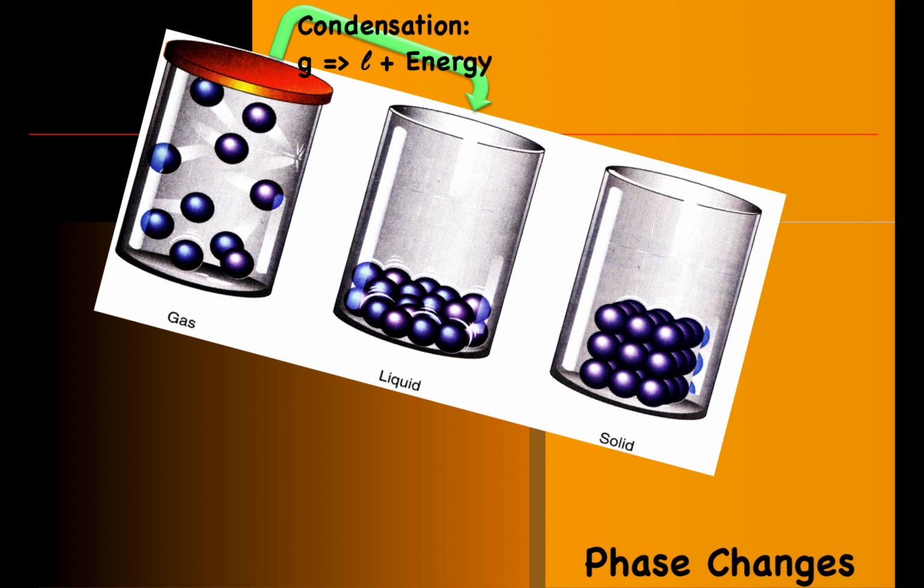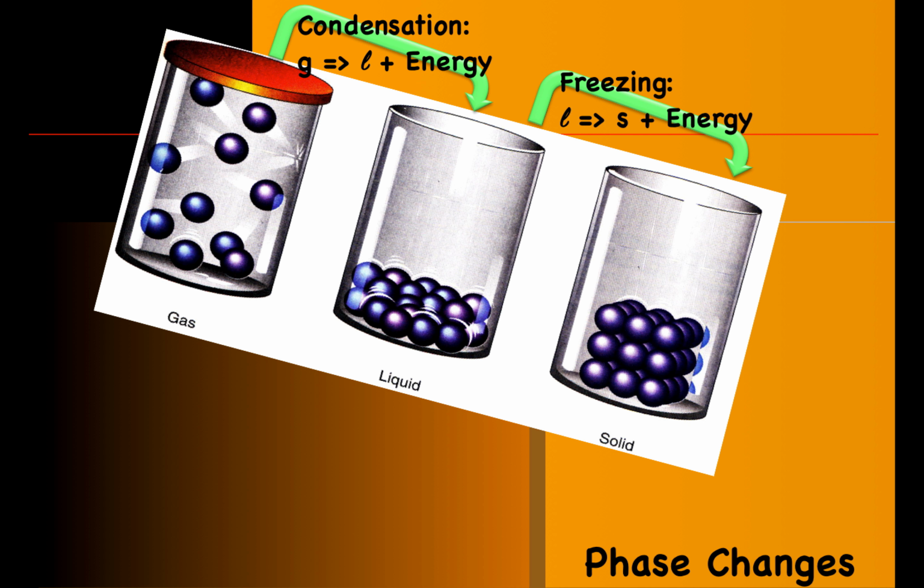Notice the energy is on the right side of the equation. This makes it an exothermic reaction. Freezing is also an exothermic reaction. It's when a liquid changes into a solid and energy is also released.